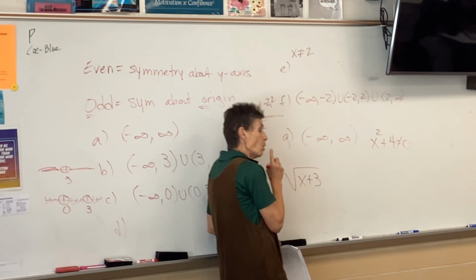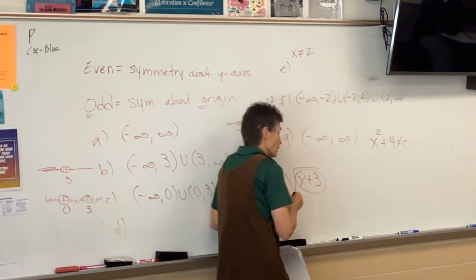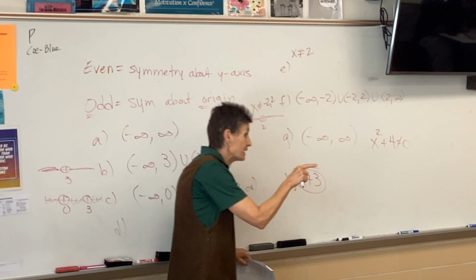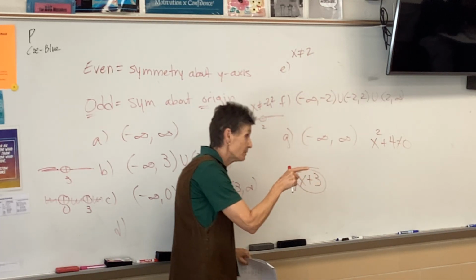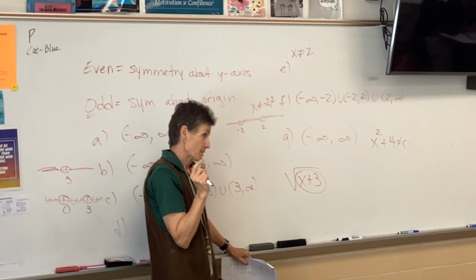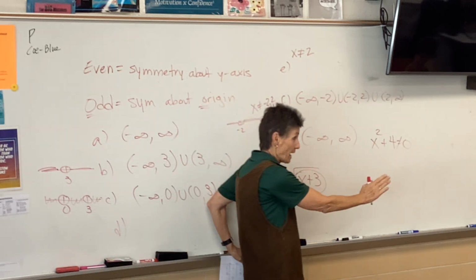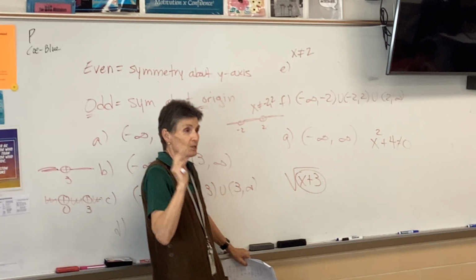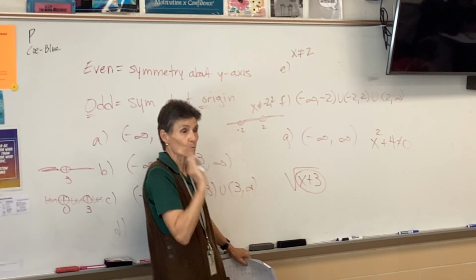And what do I know about things under a radical? They can't be negative. They have to be positive. Because what happens if they're negative? Then we've gone to the other side. We become imaginary, and we're going to keep it real. Real, real, real. Chapter 1, functions, real.